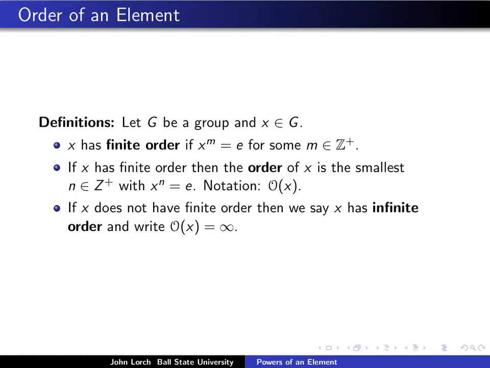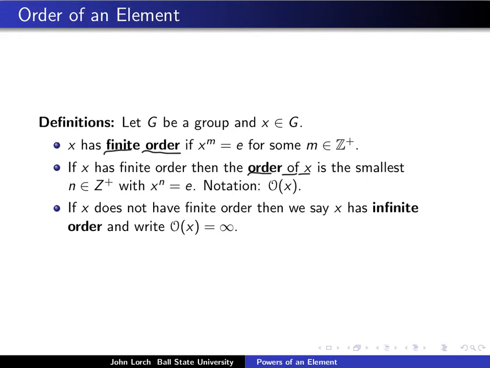So we let G be a group and X be an element of G. We say that X is an element of finite order if X to the M is the identity for some positive integer M. Then, if X has finite order, we say that the order of X is the smallest positive integer n such that X to the n is equal to the identity.